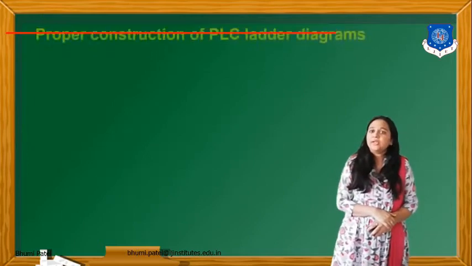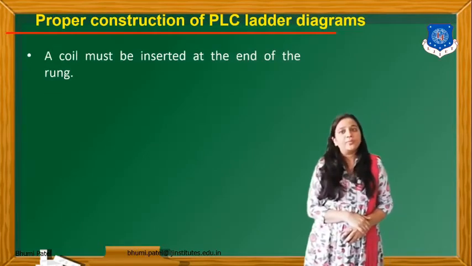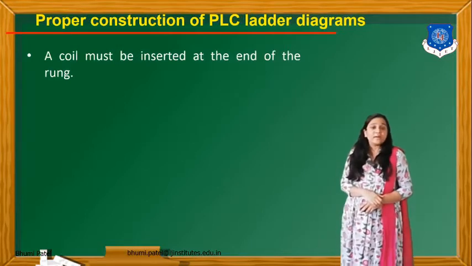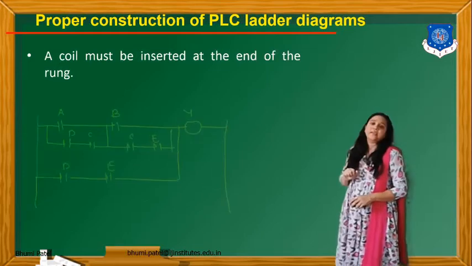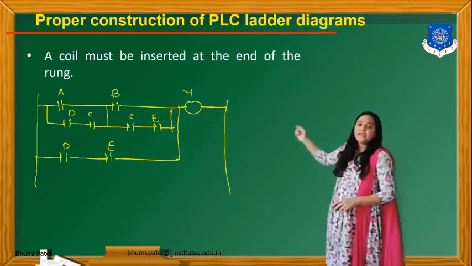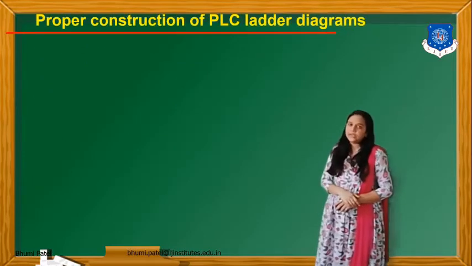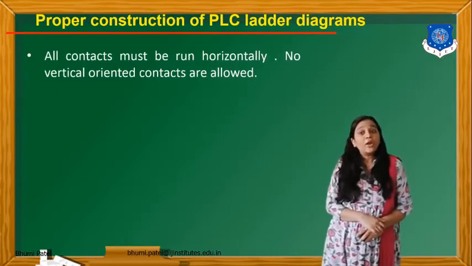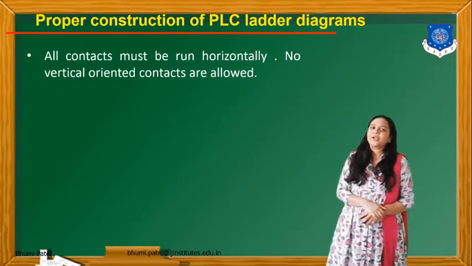Now the next rule is that a coil must be inserted at the end of the rung. Whenever we connect the output, it will always be at the end of the rung. This is my PLC diagram. Y is my output, so Y is always connected at the end of the rung. The third rule is that all contacts must run horizontally. No vertically oriented contacts are allowed.